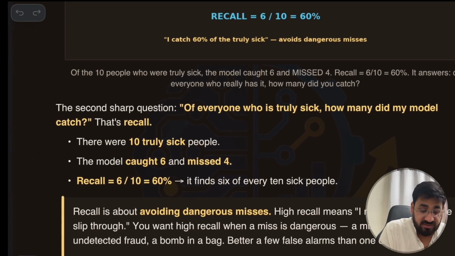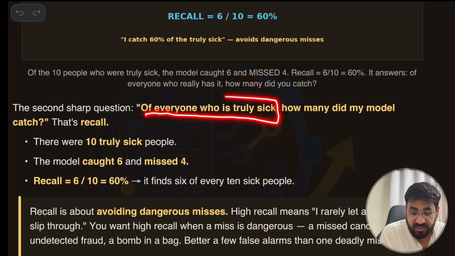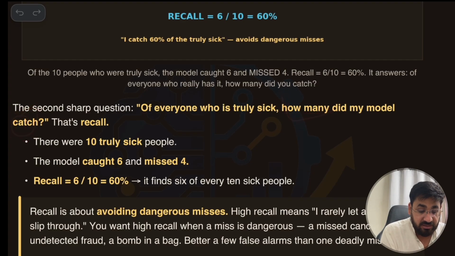Now what is it? The second type of question: of everyone who is truly sick, how many did my model catch? There were 10 truly sick people and the model caught 6 and missed 4. So recall is 60%. Recall is about avoiding dangerous miss.